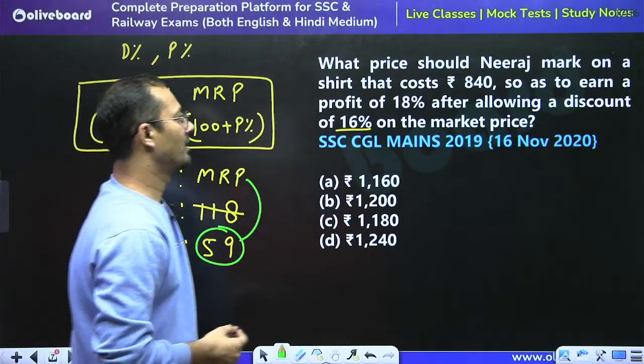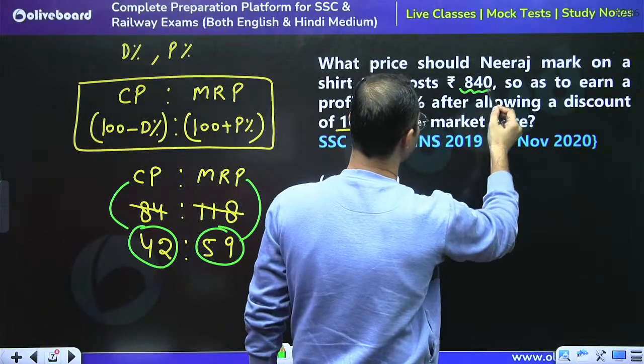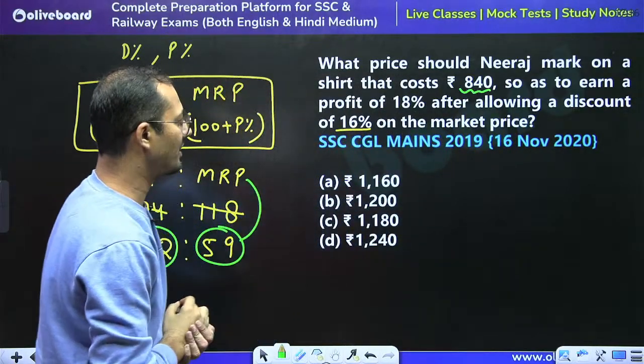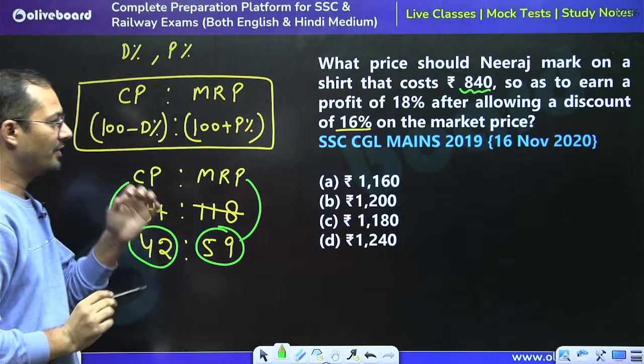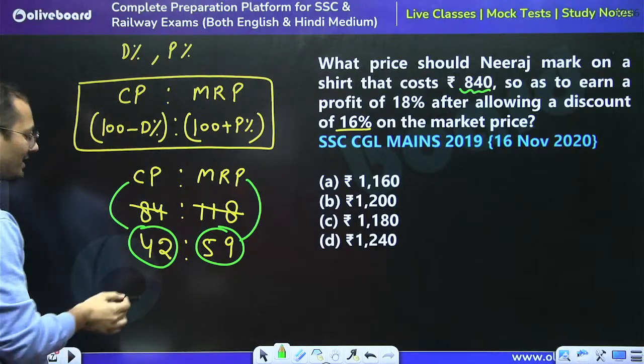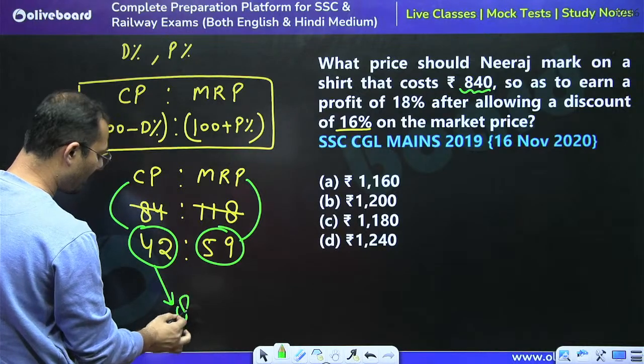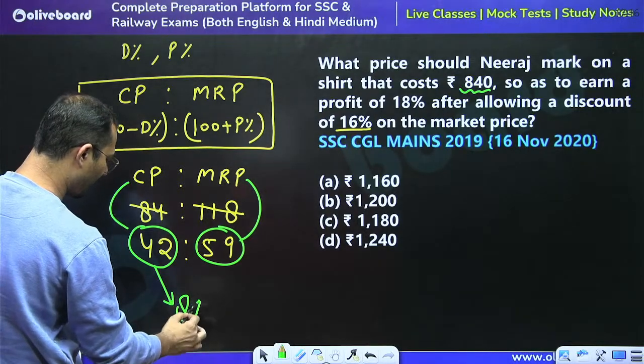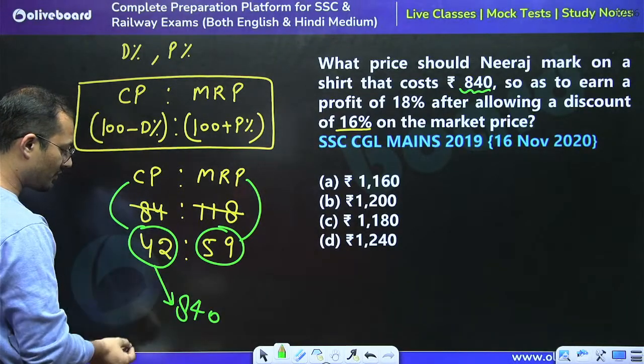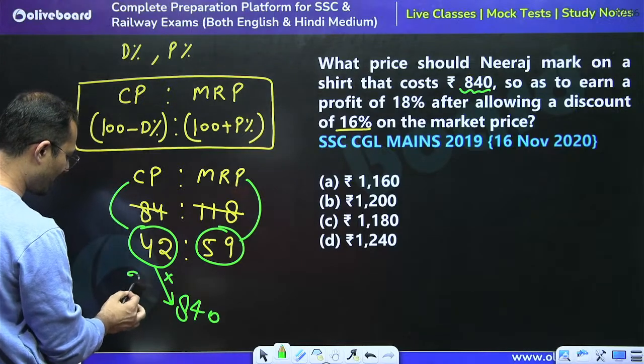But here the question says the cost price of the shirt is 840. So 42 is equal to 840.